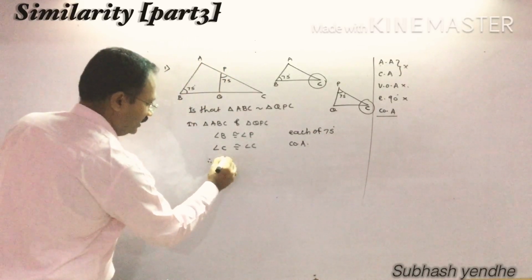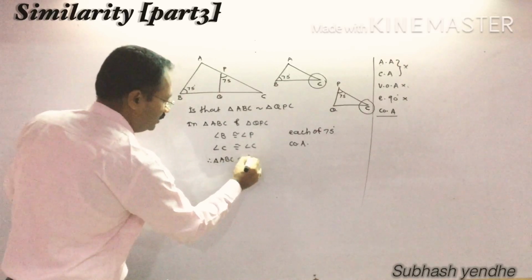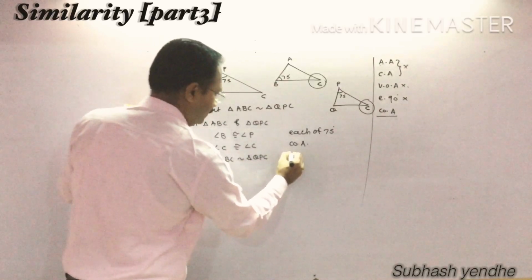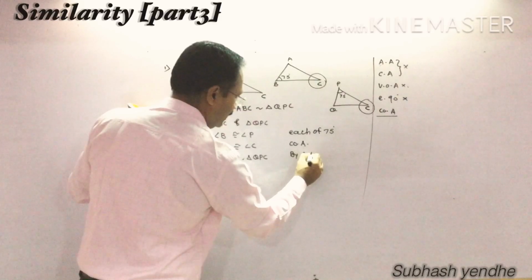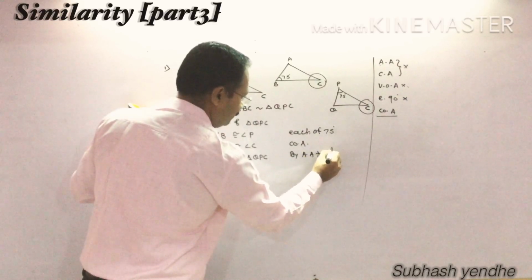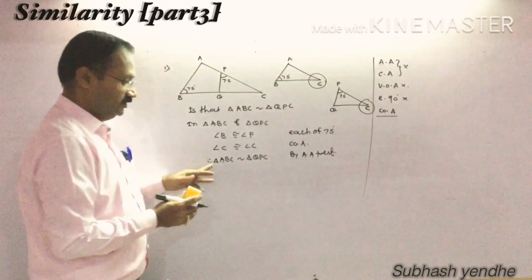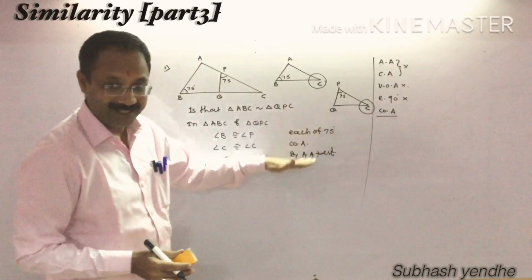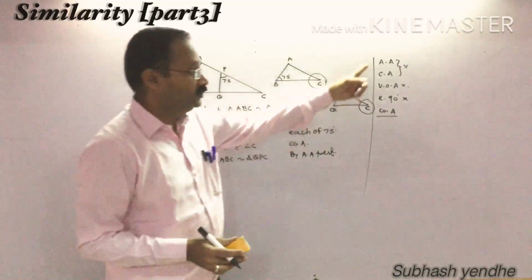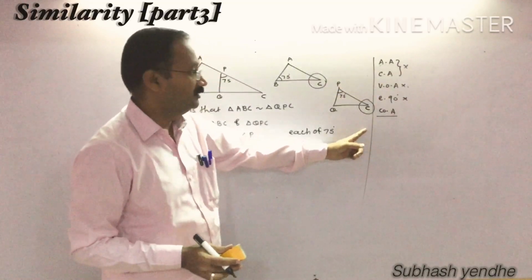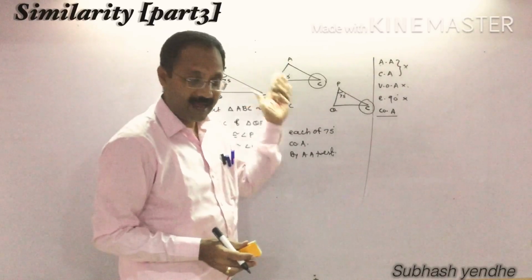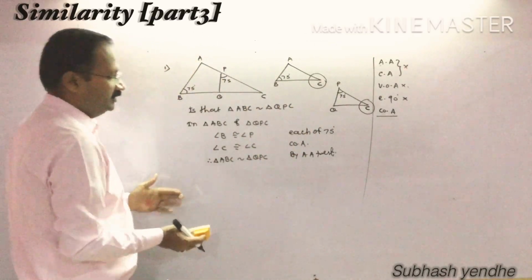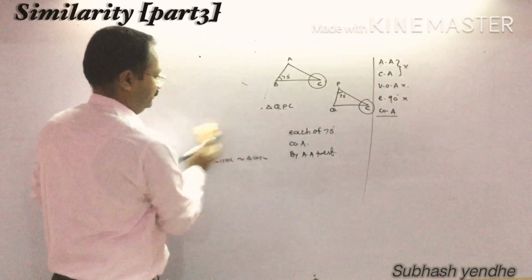Therefore, triangle ABC is similar to triangle QPC by AA test of similarity. Therefore, these two triangles are similar by AA test. Always remember, you have to ask this question, then you will get the correct answer. Now let's see the second sum.